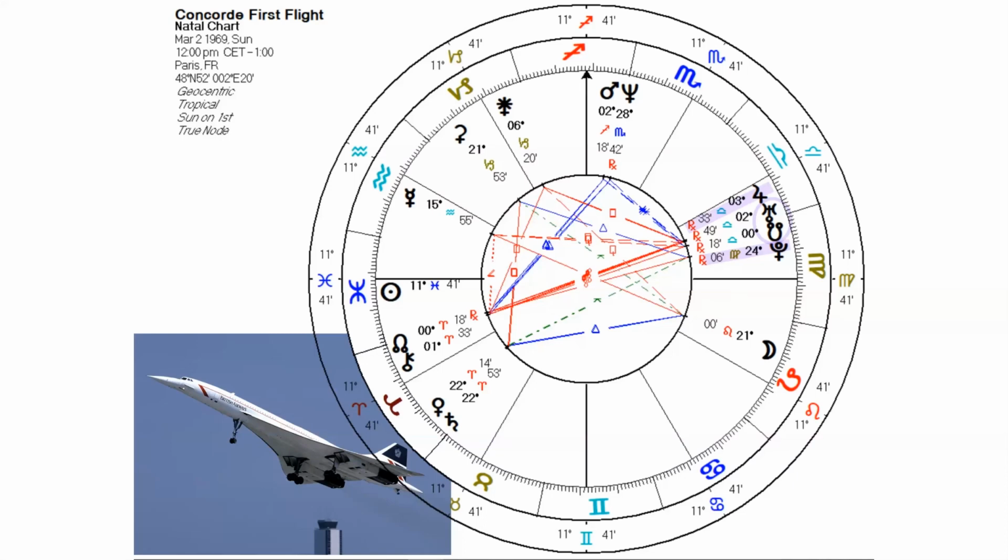growth and abundance. So when you have Pluto-Jupiter aspects together, there's always this intense need for more, for growth, for, again, breaking boundaries, going beyond. And sometimes in a way that can be dangerous.